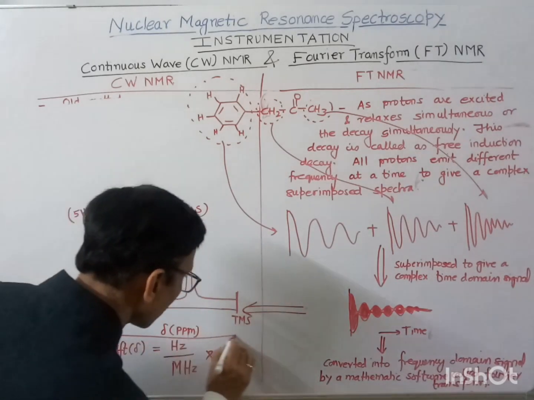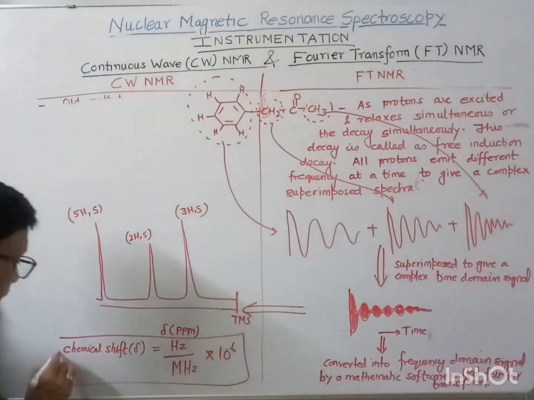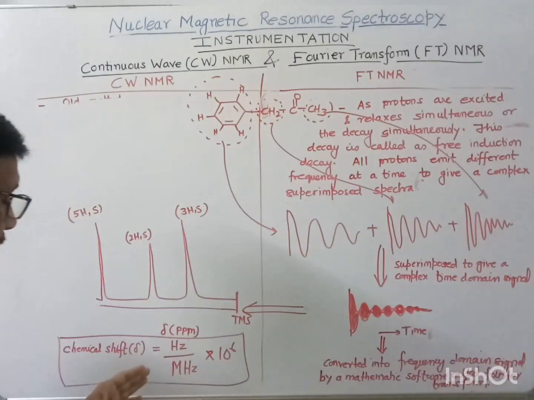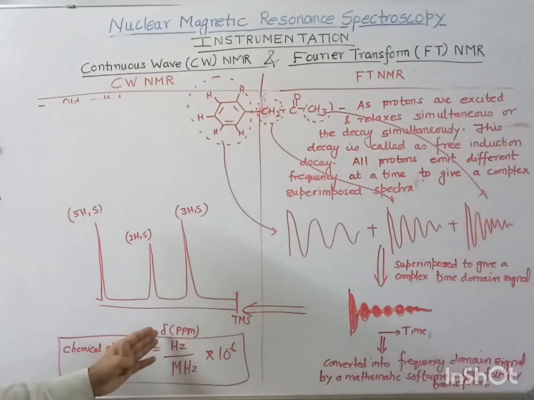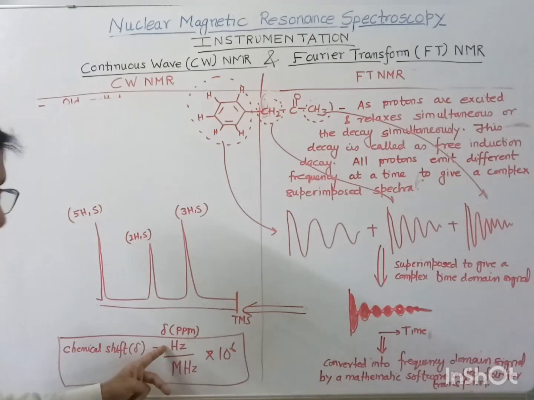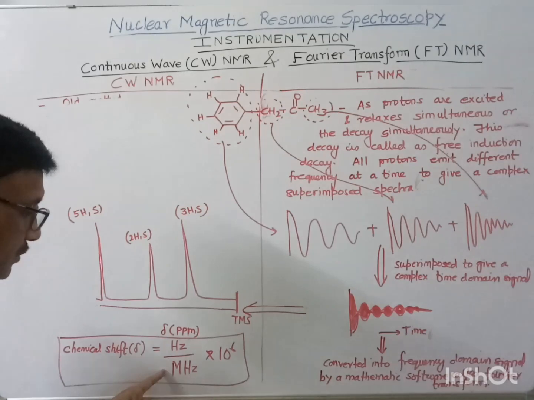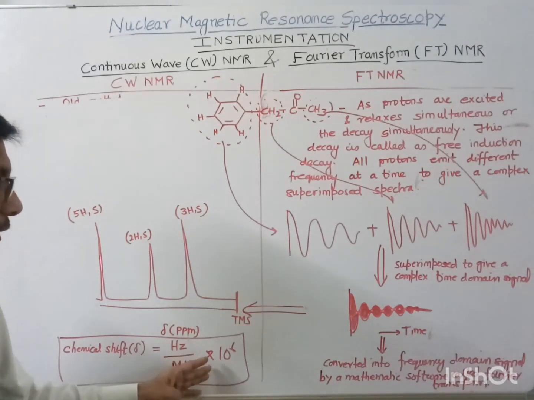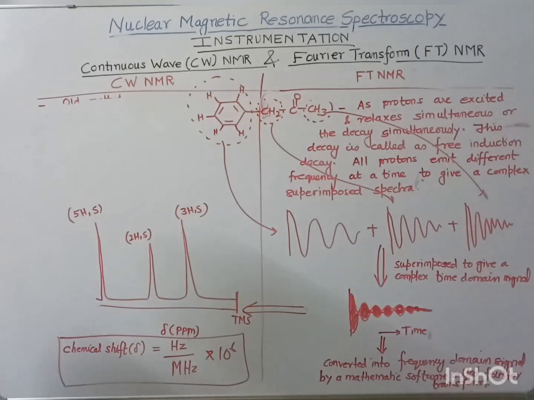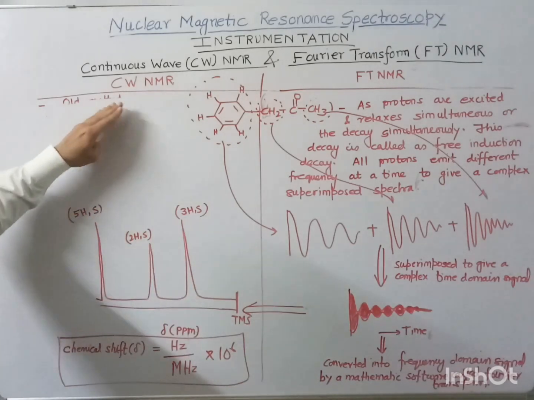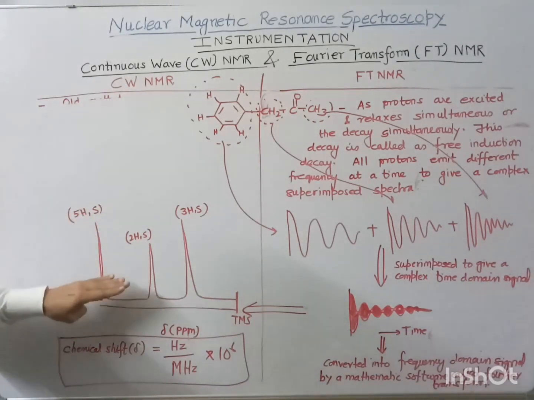By using this formula, we can convert the different frequencies into chemical shift delta values. So this is the frequency of the proton in hertz divided by the frequency of the spectrophotometer in megahertz, multiplied by 10 to the power 6. Such a spectrum is obtained here, whereas in CW-NMR we get this type of spectrum.